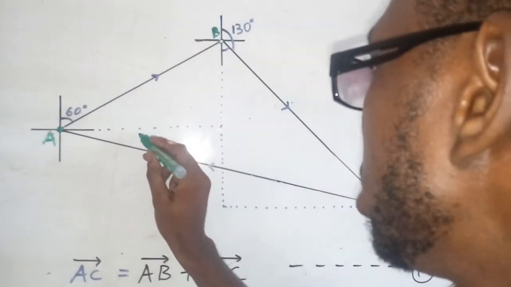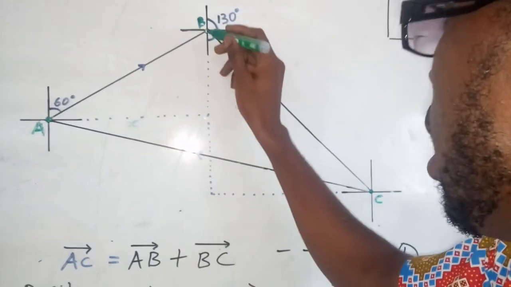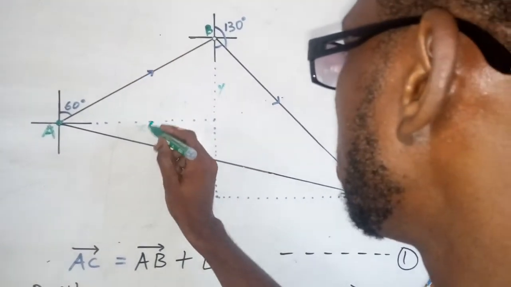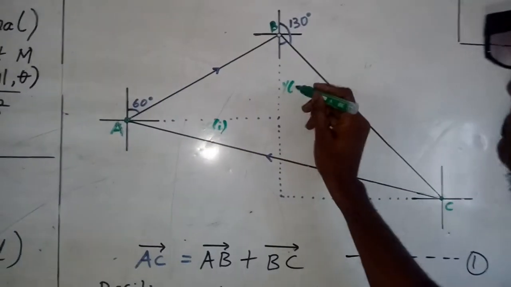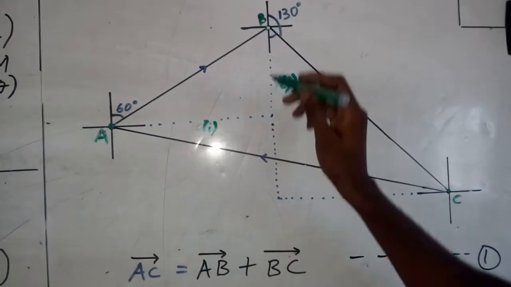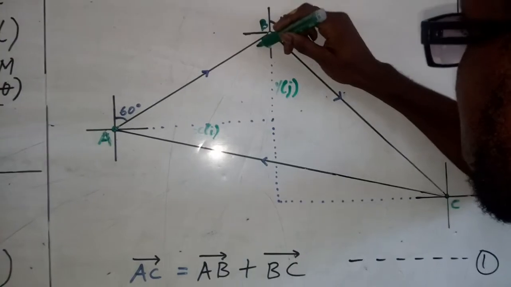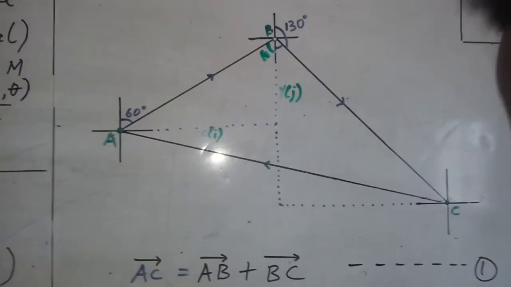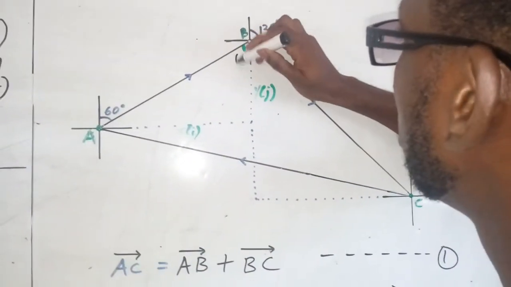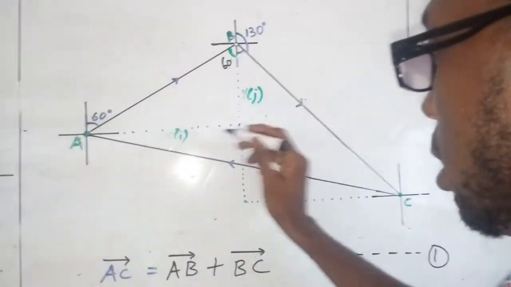From here to here is the x dimension, and from here to here is the y dimension. The x dimension is measured in i, and the y dimension is measured in j. So using Pythagoras, we know that this is 60, and this place is also 60. So using Pythagoras, we can find y and x.